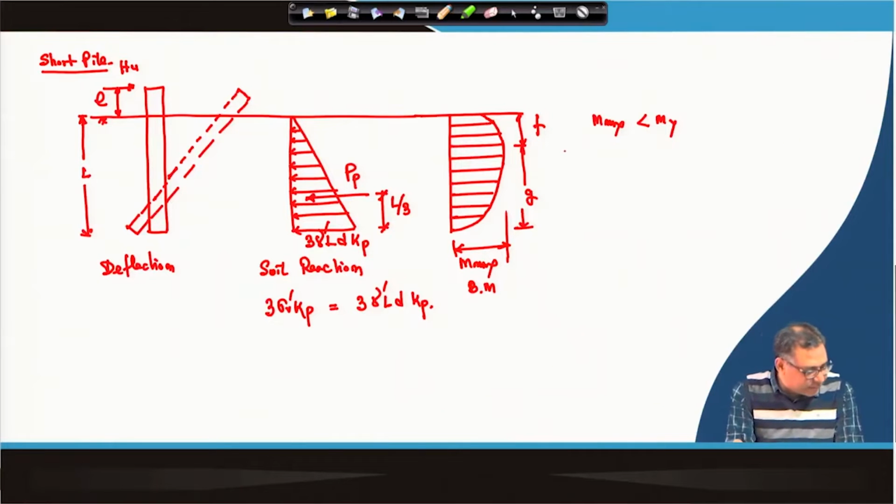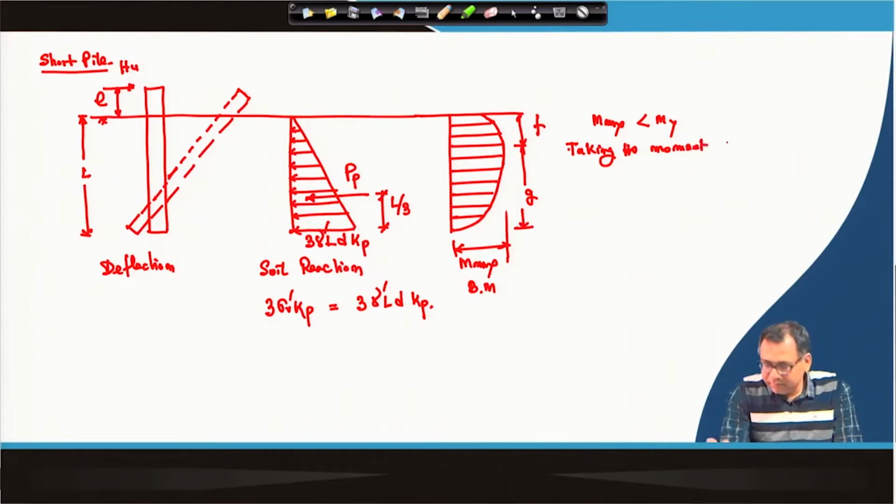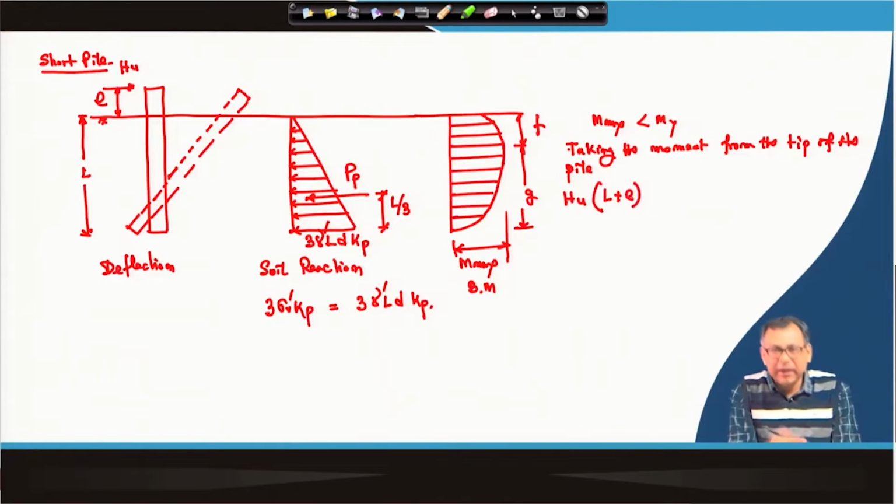So, if I take the moment from the tip of the pile, then this will be H u into L plus E, that is the moment, and the counter moment will be equal to P p into L by 3, P p is the total passive force.